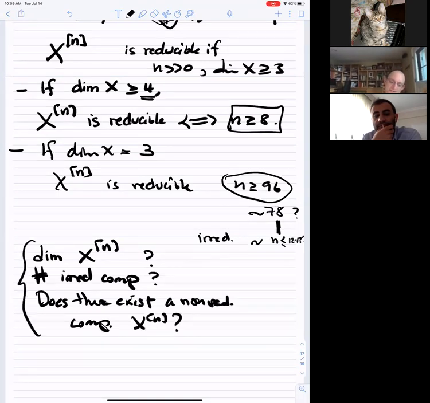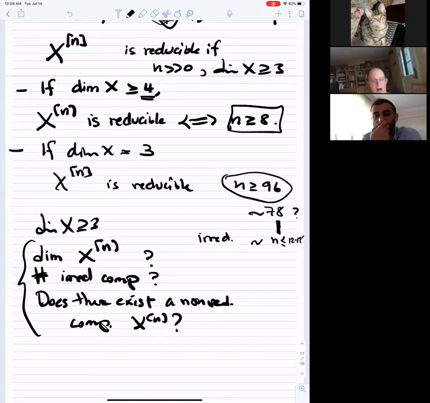Again, for these questions to make sense, my dimension is at least 3. So we don't know how many components you have, what are their dimensions, and we don't know whether there are non-reduced components and things like this.